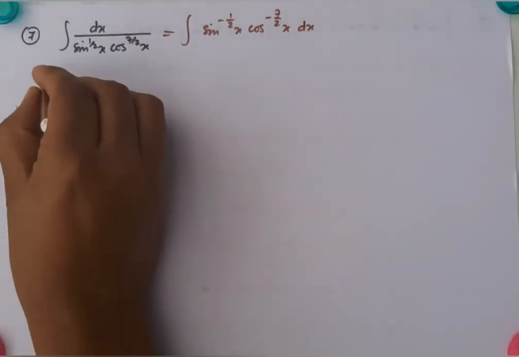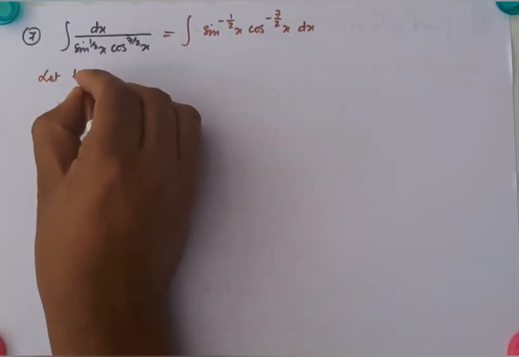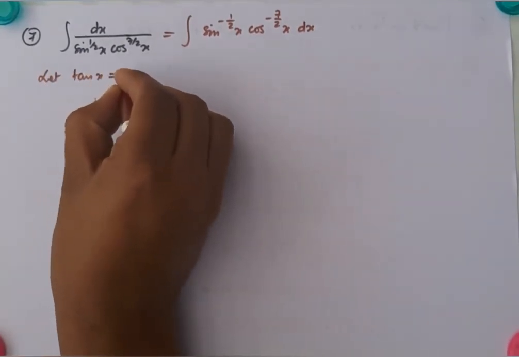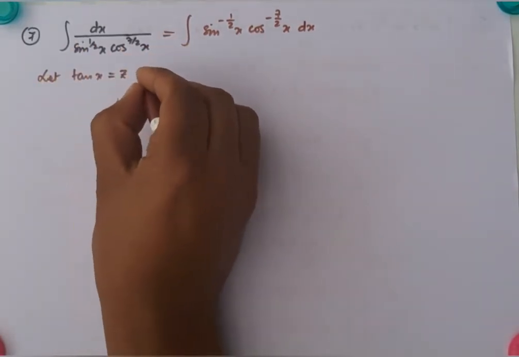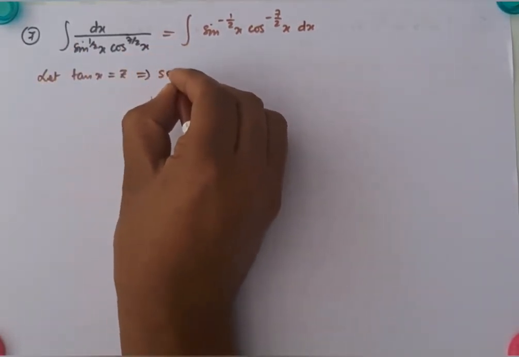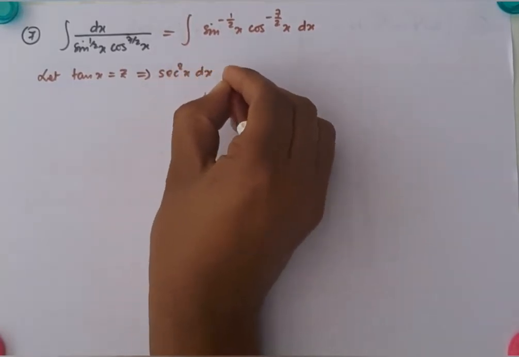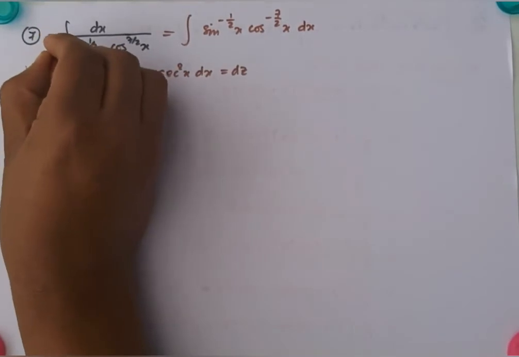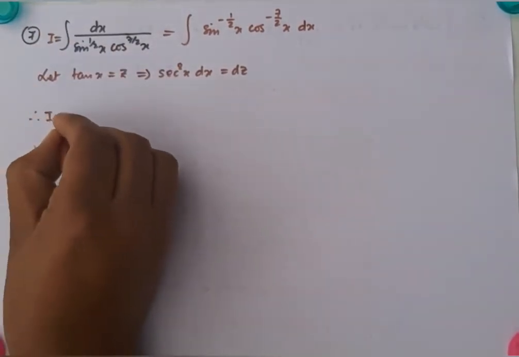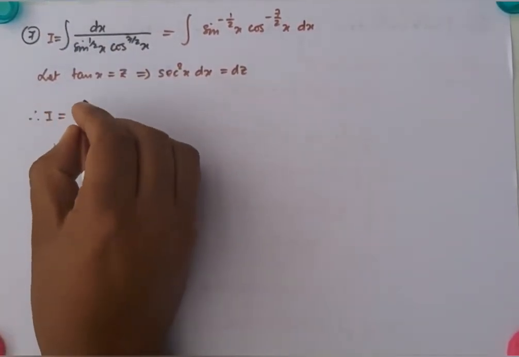So let's do that. So let tan x be equal to z. Okay, so if this is my z, then from here we get sec square x dx equal to dz. All right, so if this is your integral I, therefore you can write your integral I to be, see here carefully.